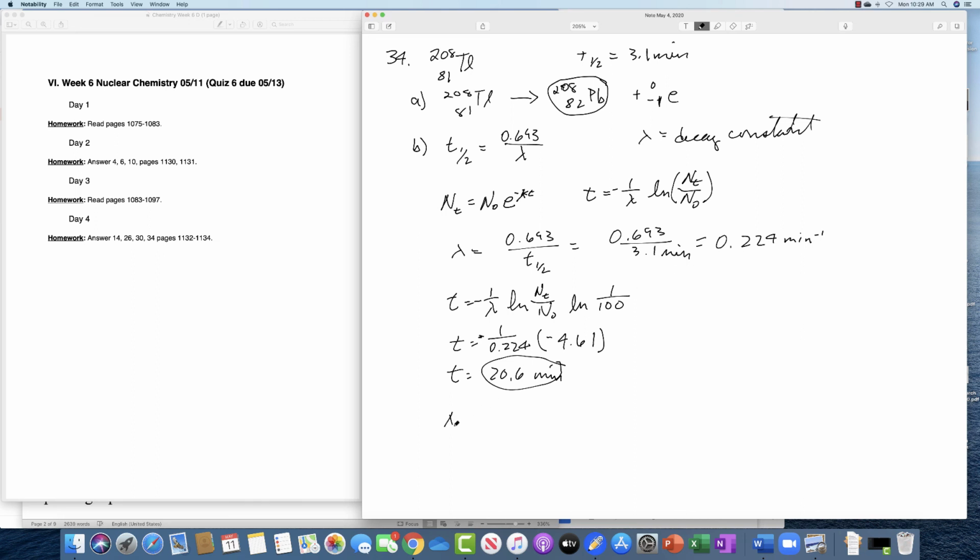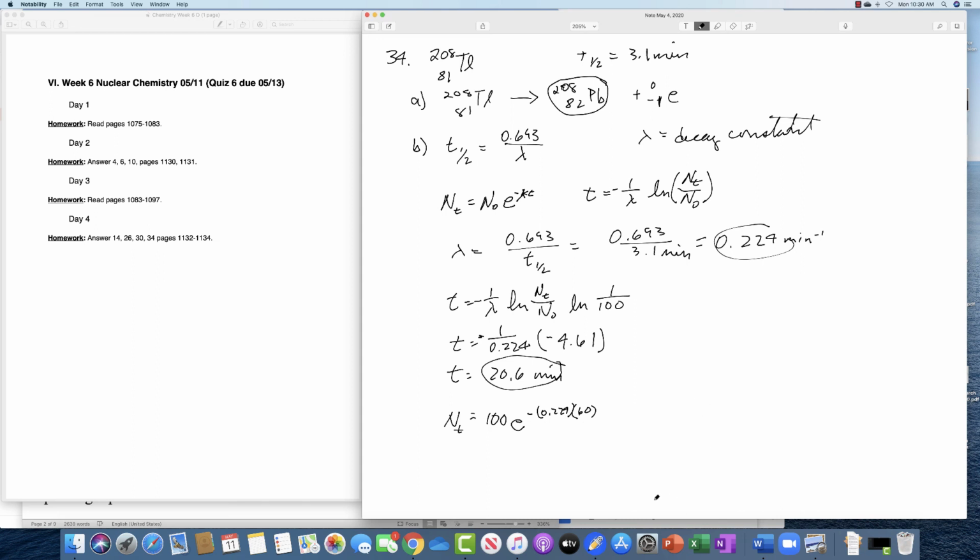It says what percentage, so you can write this original equation like this: you start with 100, e to the minus 0.224 times t, which is 60 minutes, and then do the work here.